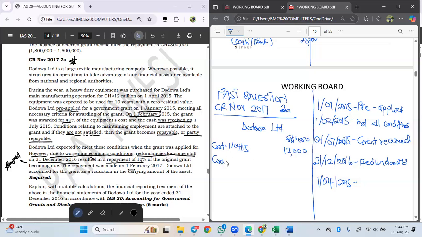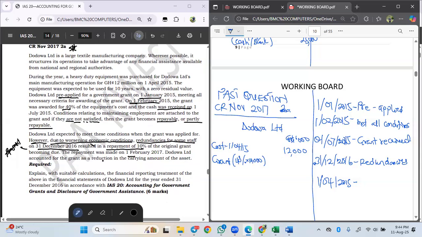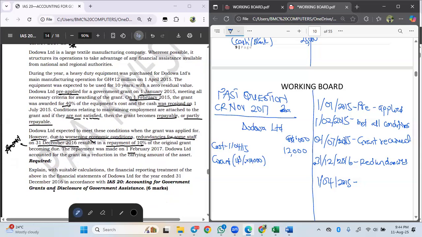Grant, they said 40% of it. That is $4,800.